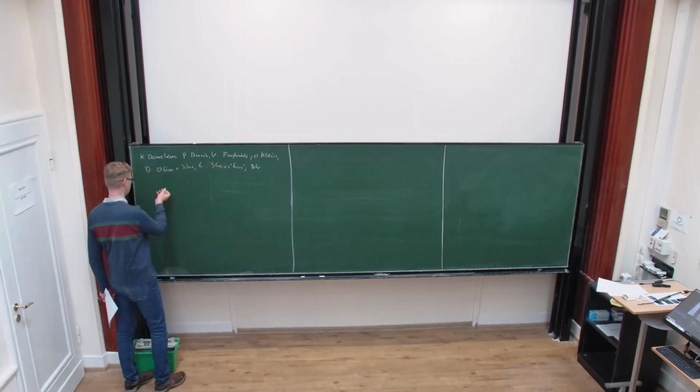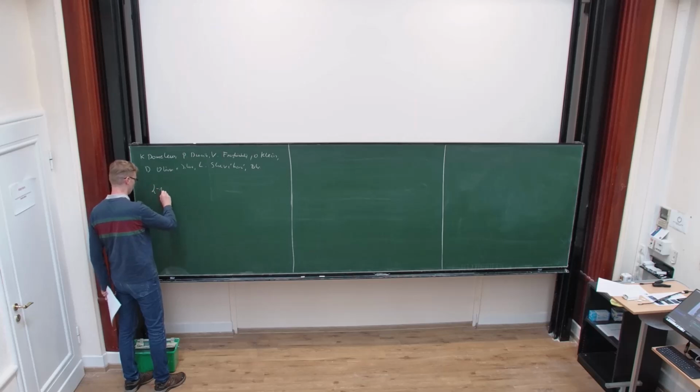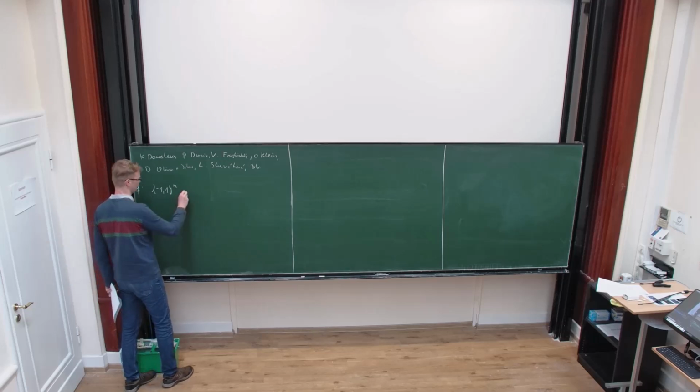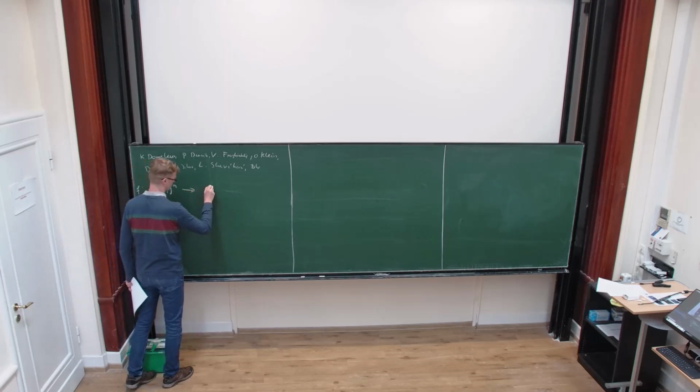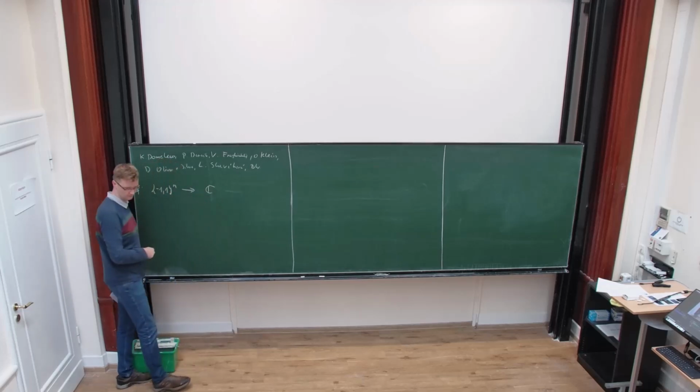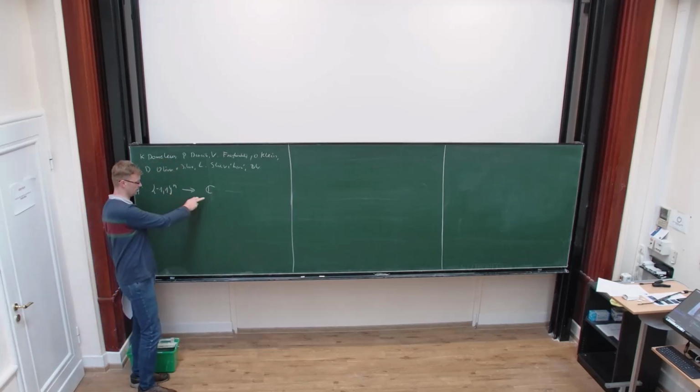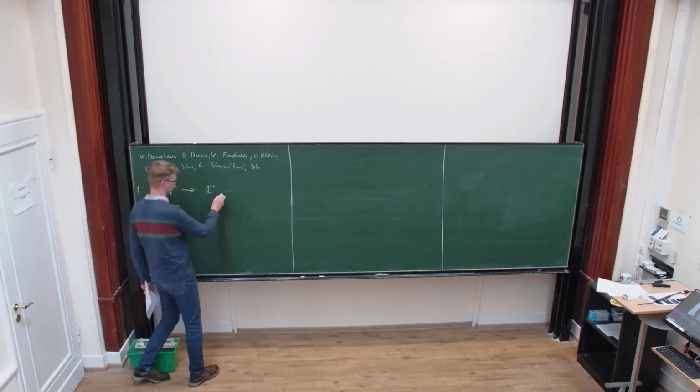Okay, so first let me introduce the notation, because we are going to work in the setting of the Hamming cube, by which I mean the set {-1, 1}^n. And we'll consider functions, mostly functions from the Hamming cube to the scalars, C or R. Sometimes we'll consider functions which take values not in C but in {-1, 0, 1}.